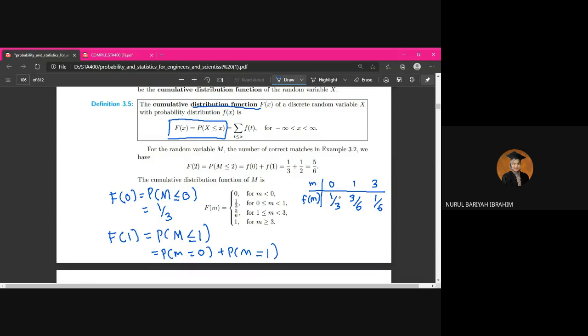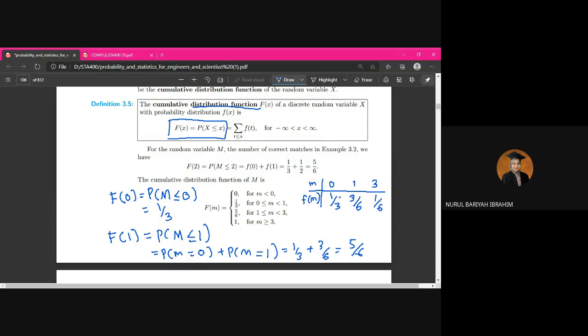So 0 and 1. So it will be 1/3 plus 3/6. So the answer will be 5/6 that we put here. Okay, so it is M more than or equal to 1, less than 3. Tak termasuk 3. So 0 dan 1 sahaja.